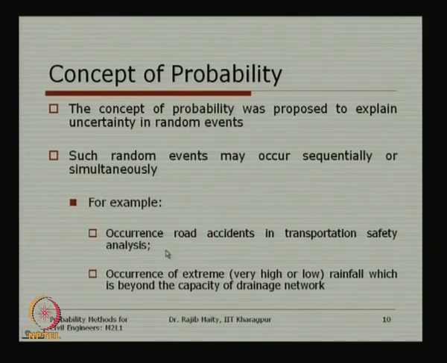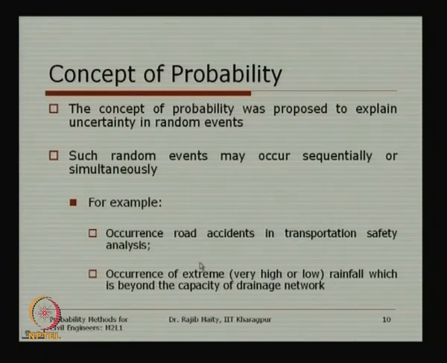For example, a simple example is the occurrence of a road accident in transportation safety analysis, or the occurrence of extreme, that is very high or very low, rainfall. Very high rainfall is of course beyond the capacity of the drainage network, and very low rainfall may affect agricultural production.